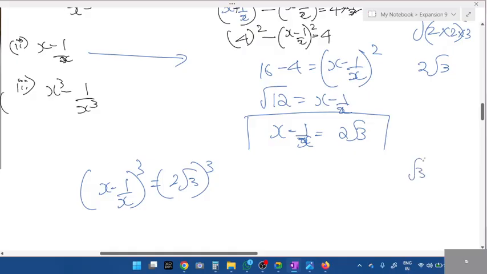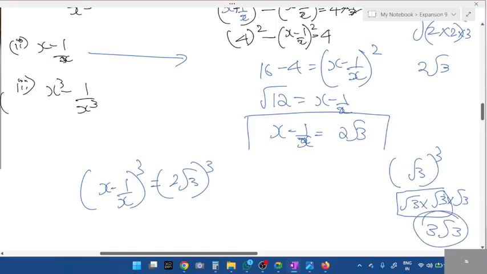See, I'll tell you how to cube this. How many times is root 3 multiplied if you cube it? How many times do you have to multiply root 3, students? 3 times. In that, what happens to root 3 into root 3? 3 root 3 is the answer. Remember this concept. You get 3 root 3.